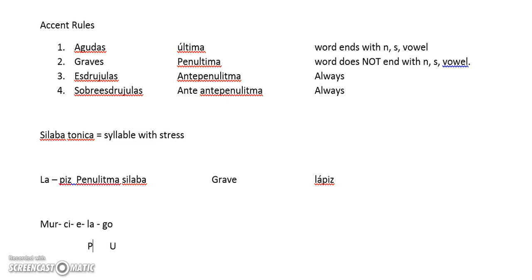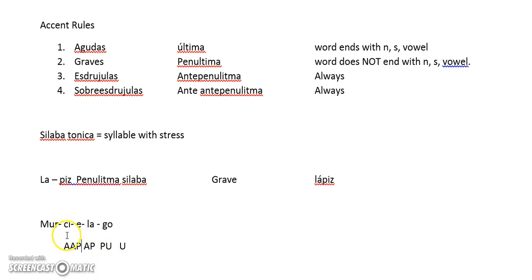The penúltima sílaba is that one. This would be the antepenúltima sílaba. And this one would be the ante-antepenúltima sílaba. You do see that there is a syllable left that we have not counted.